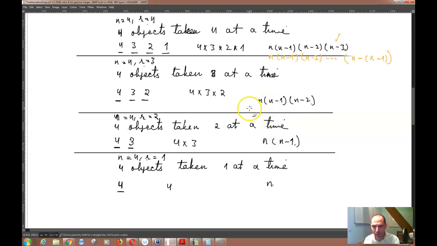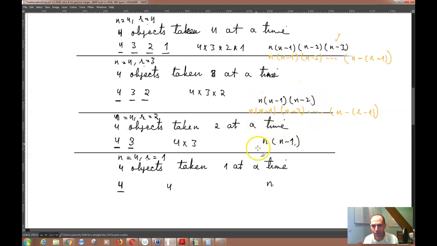And again over here I can write n times n minus 1 times n minus 2 all the way up to n minus r minus 1, which is, r here is equal to 3, so 3 minus 1 is equal to 2, so that's n minus 2, which is the last term here.